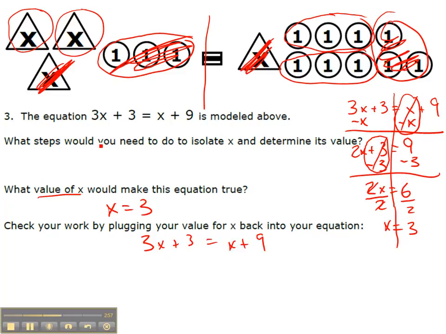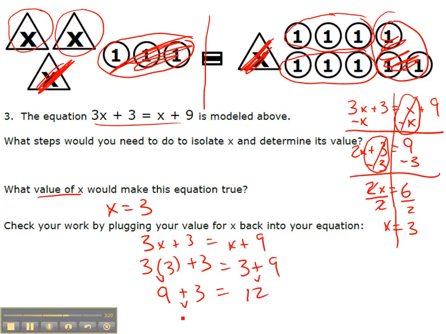I'm using the original equation, and then I'm going to plug 3 in for x, substitute 3 in for x. 3 times 3 plus 3 should equal x is 3, so 3 plus 9 if x is truly equal to 3. 3 times 3 is 9, plus 3 equals 12. Yes, it does. 12 equals 12. That checks out. So we know our value for x is good.